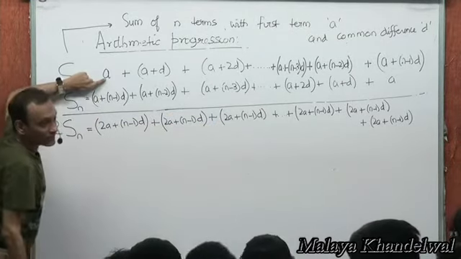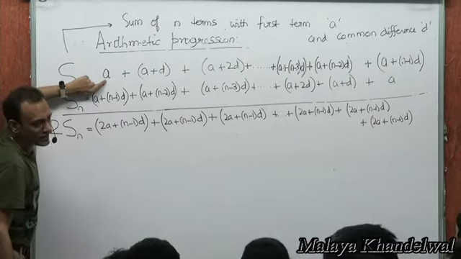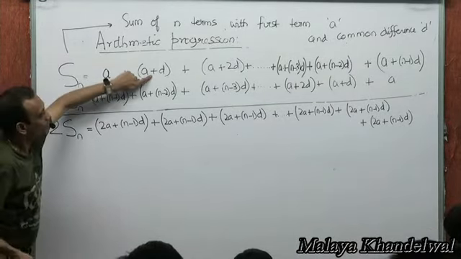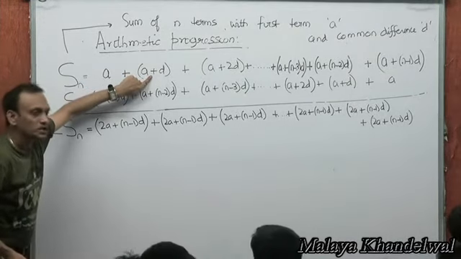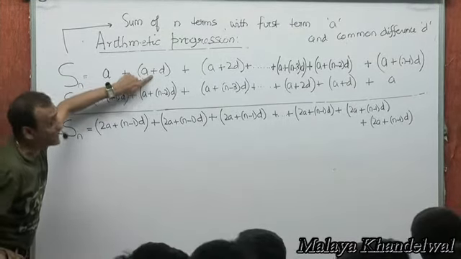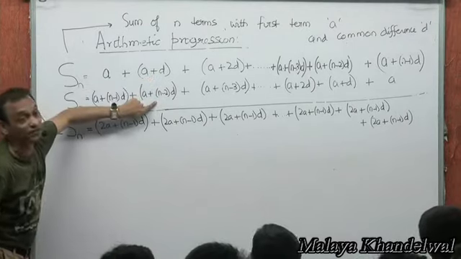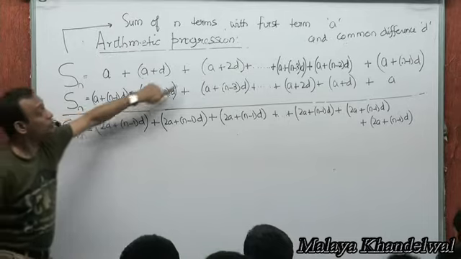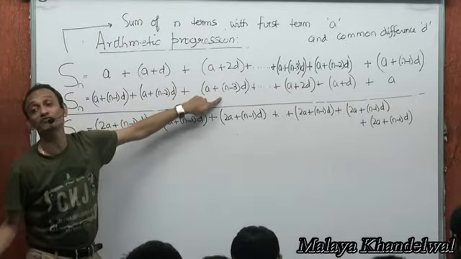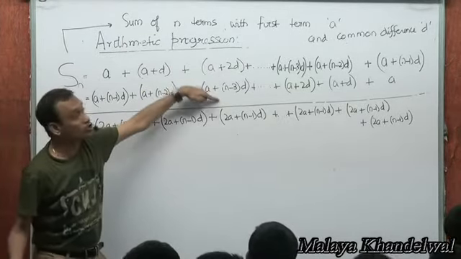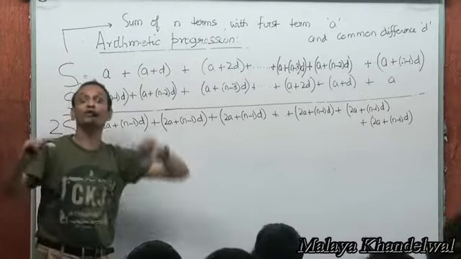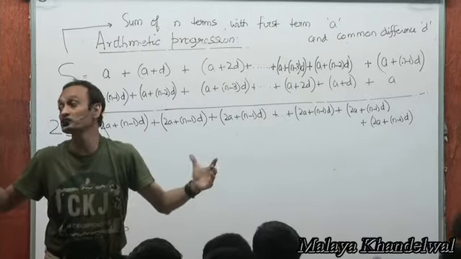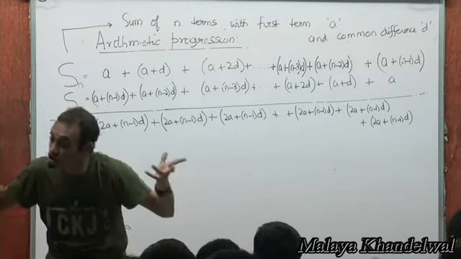See, these are first term and last term equidistant from the beginning and end. This is second term from the first, this is second term from the last. These are equidistant from the beginning and end. This is the third term from the beginning, this is third term from the end. These two are also terms equidistant from the beginning and end.